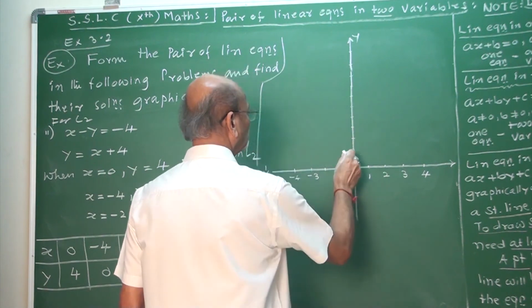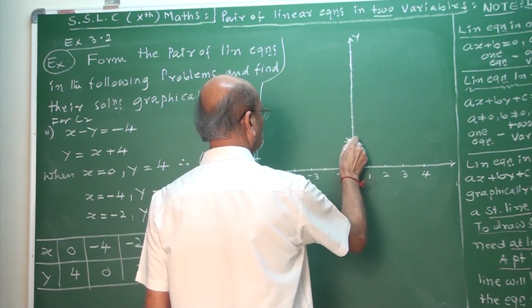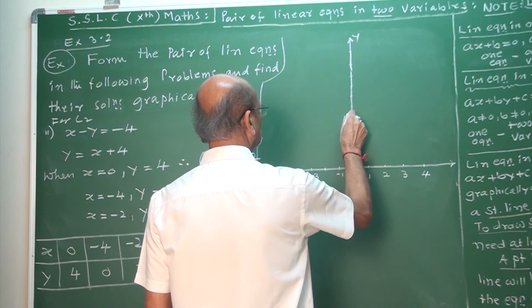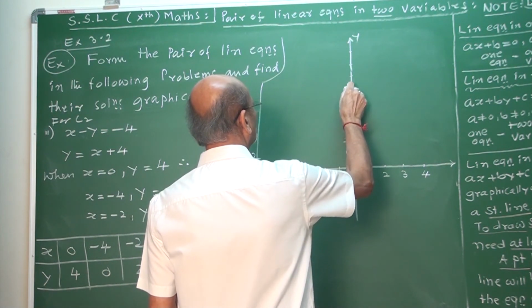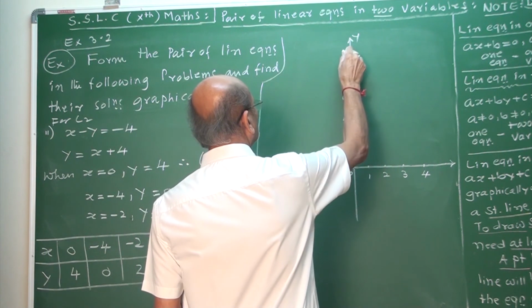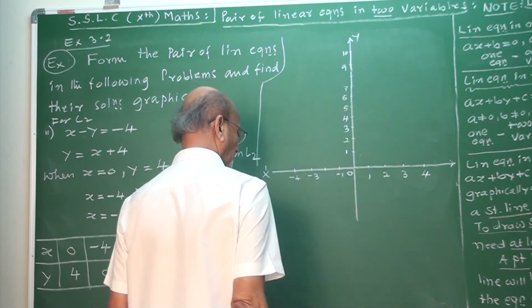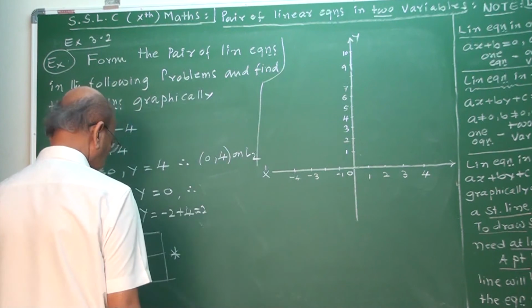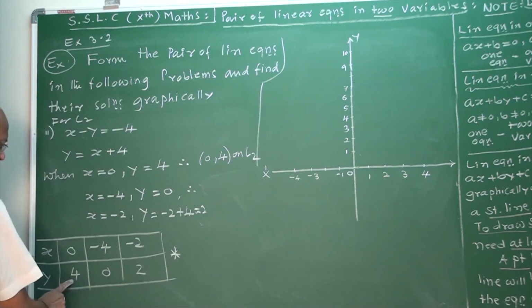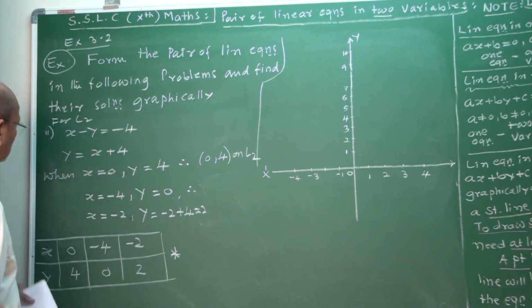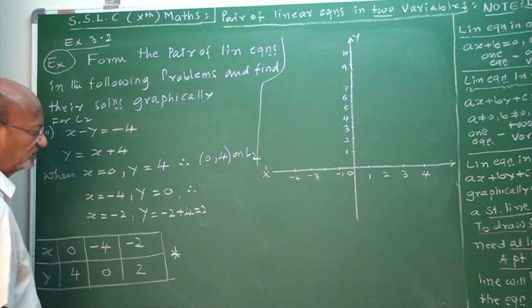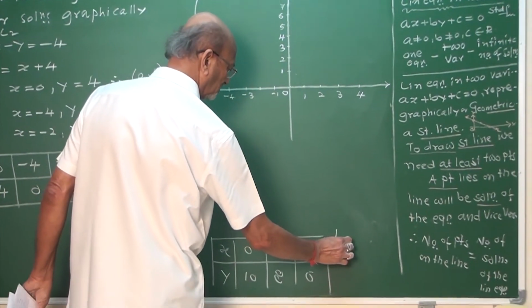This is 1, 2, 3, 4, 5, 6, 7, 8, 9, 10. And what about negative values of y? There are no negative values, so don't mark the negative side. This is for L2. This is for L1.